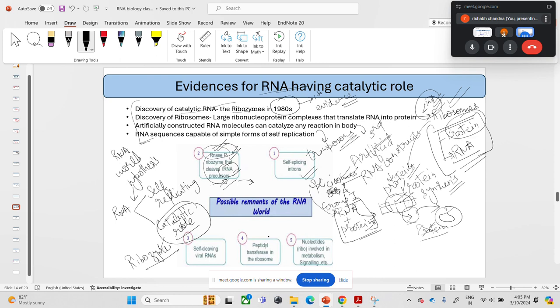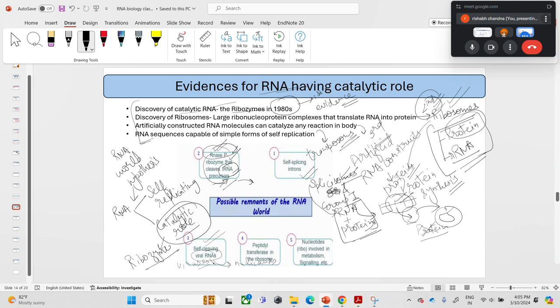Okay, now then there are self-cleaving viral RNAs. So there are some viruses that form these RNAs that cleave the nucleic acids, formed as a defense mechanism.